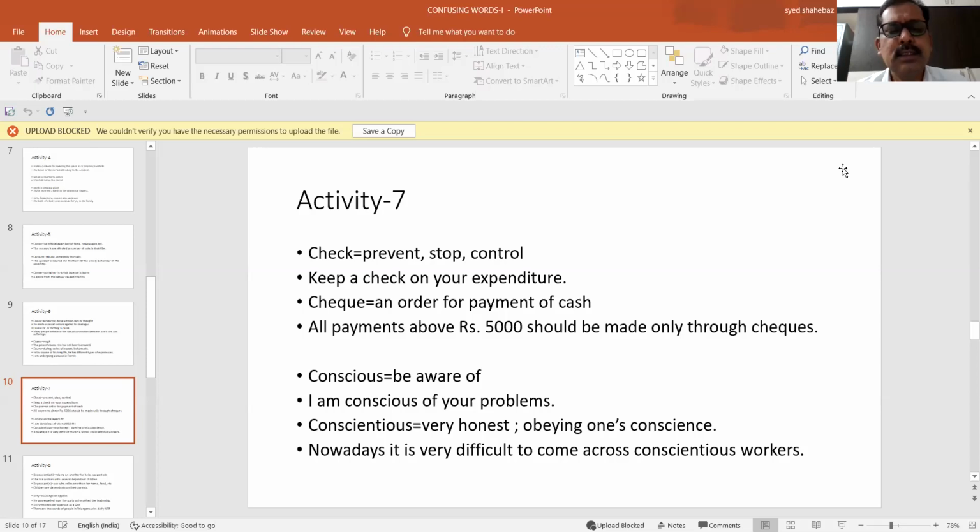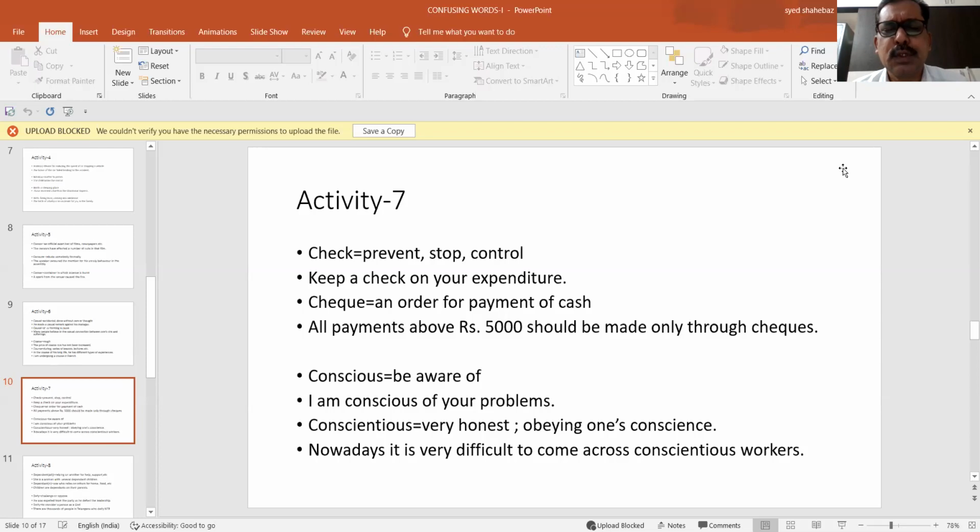The second word is cheque, C-H-E-Q-U-E, cheque, an order for payment of cash. So it is related to bank. All payments above rupees 5,000 should be made only through cheques. So it is an order for the payment of cash by the account holder who has the account in the bank and the chequebook.